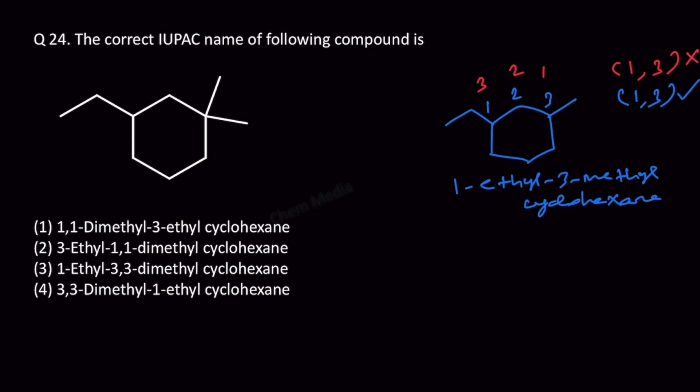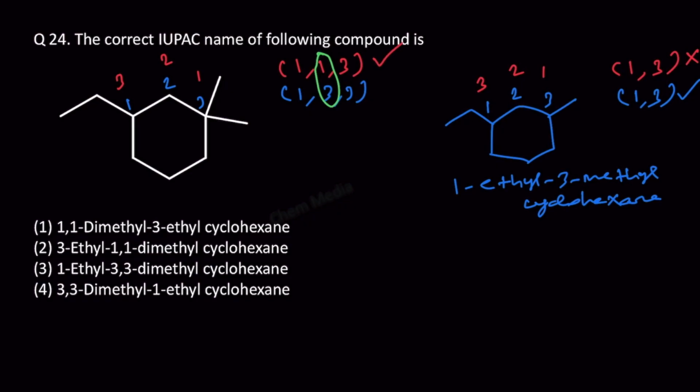Now let's come to the actual problem. 1, 2, 3. So this means the substituents are at 1, 3, 3 if we follow this numbering scheme. On the contrary, if we follow this numbering scheme, then the substituents are at 1, 1 and 3 position. The point of difference comes here. So which one we should follow now? Obviously the one in red we should follow.